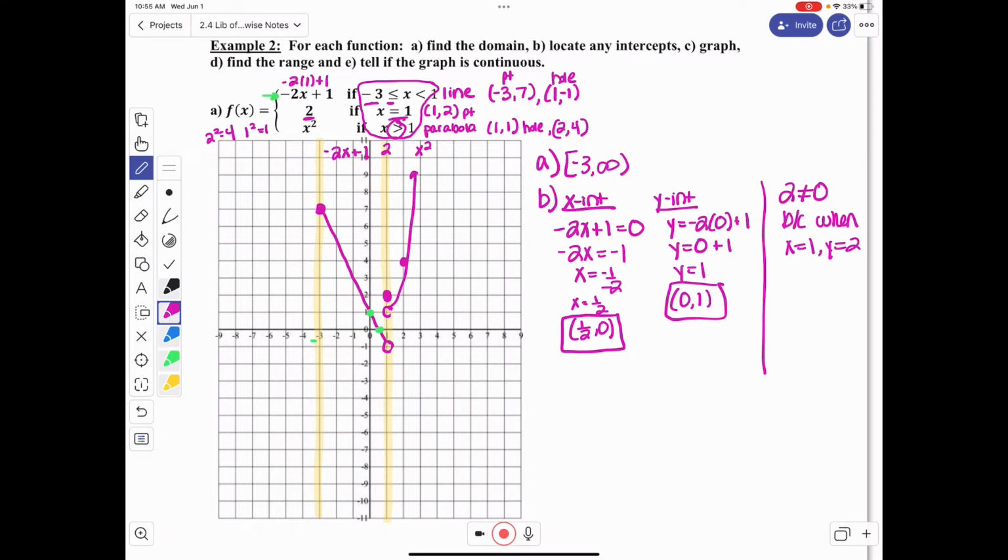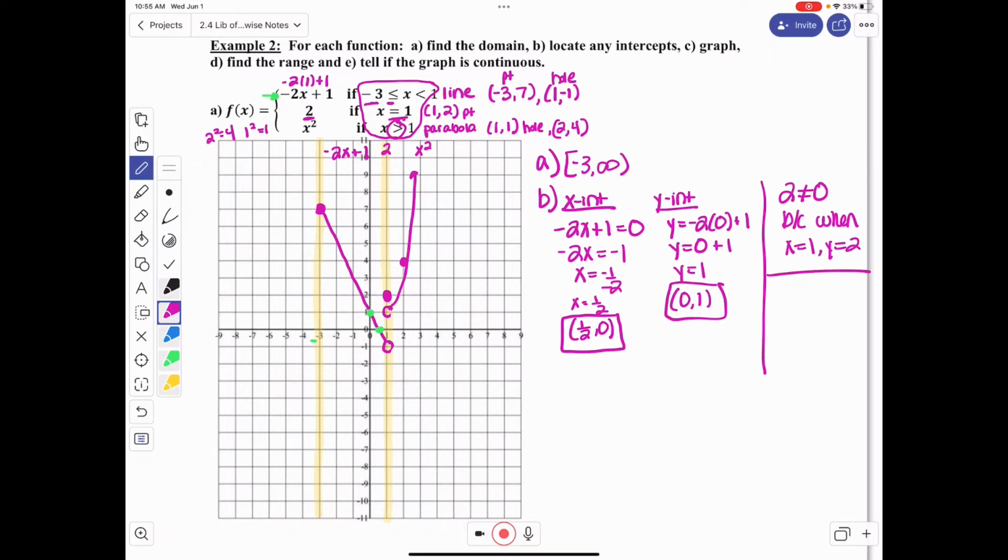So our x value is 1, so we can't ever make x equal 0. We can't plug in a 0 for x. So we can't ever get a y-intercept by plugging in 0 for that. And the same goes for the y. We can't make y equal 0 because our y value is 2.